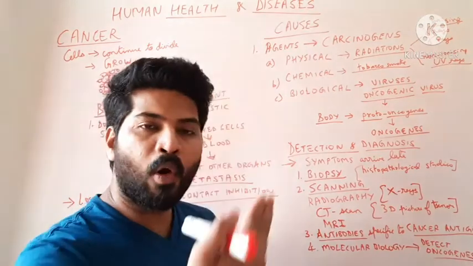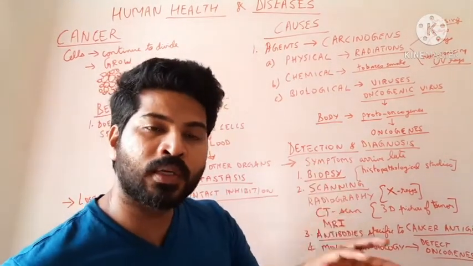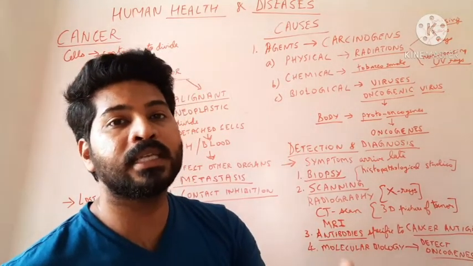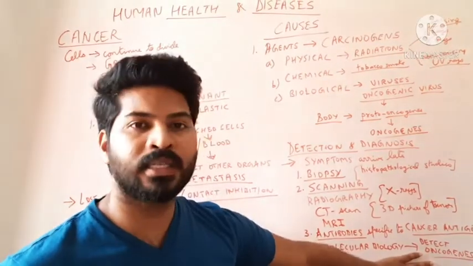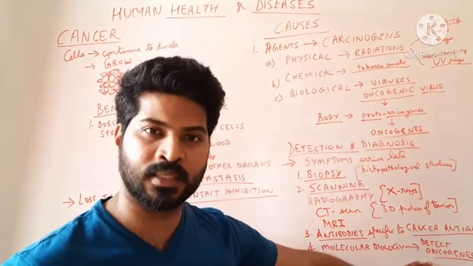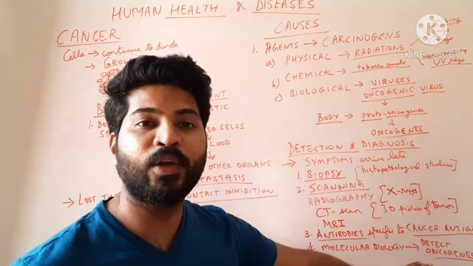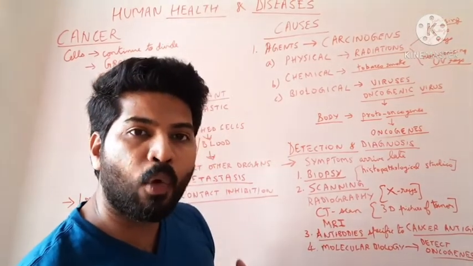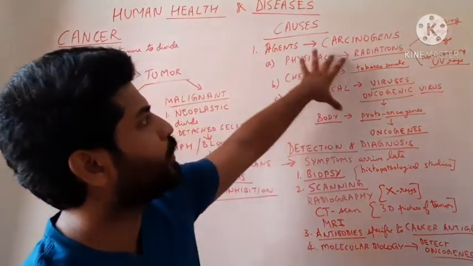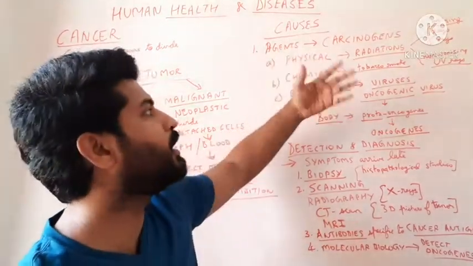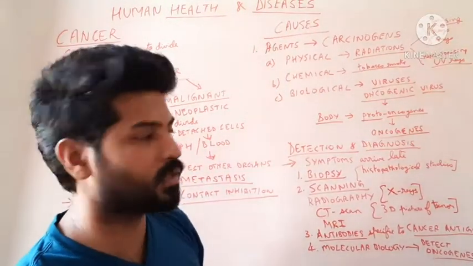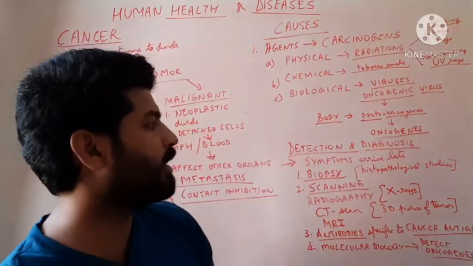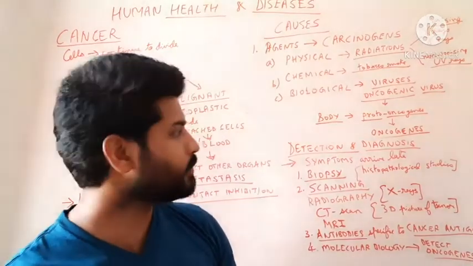This will map all the different genes, and they will also tell whether a particular person is susceptible to a particular disease or not. So when we map the genes, it can also map for oncogenes, whether a person is likely to get cancer in the future or not. If yes, then these people can avoid exposing themselves to carcinogens, maybe cigarette smoke or radiations, etc. So these are the different detection and diagnostic techniques available for cancer.